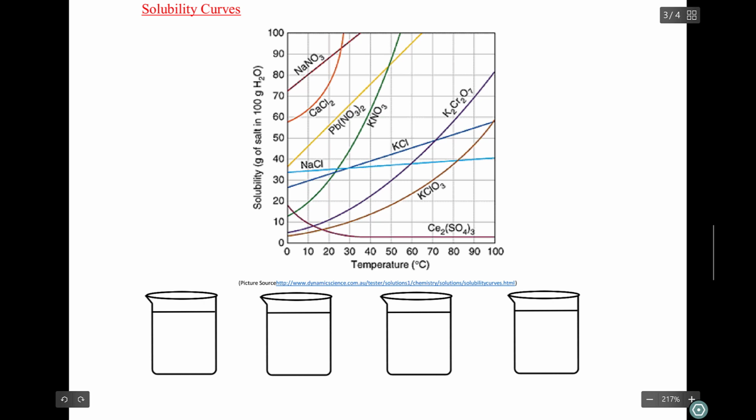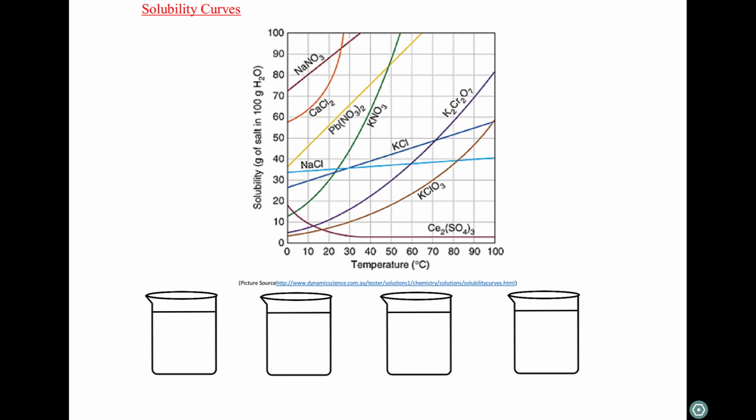On that previous page, we looked at sodium chloride. It's right here. You can see that temperature increases barely affect its solubility. But if you looked at something like potassium nitrate, this has a huge curve going up, where it's greatly affected by the change in temperature.